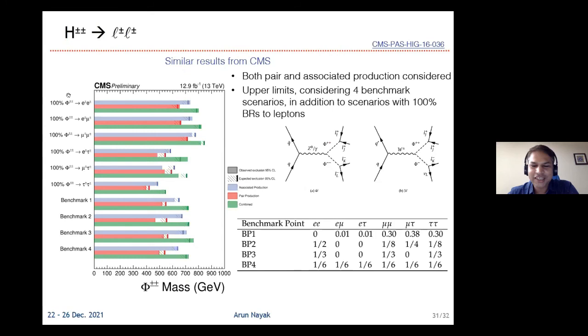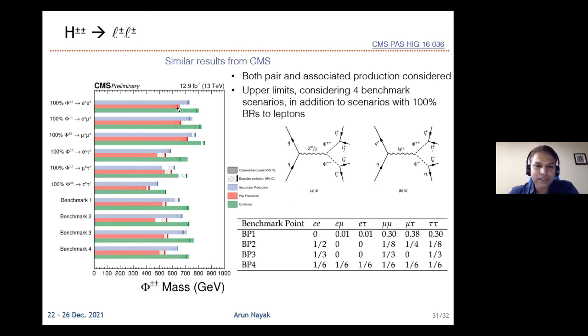Similarly, CMS also has similar searches, but this is only with the 13.5 inverse femtobarn of 2016 data, not the full data set. You also have here the limits assuming 100% branching fractions to one of the electron types, and they have also considered 4 different benchmark points assuming different branching fractions to different electrons.